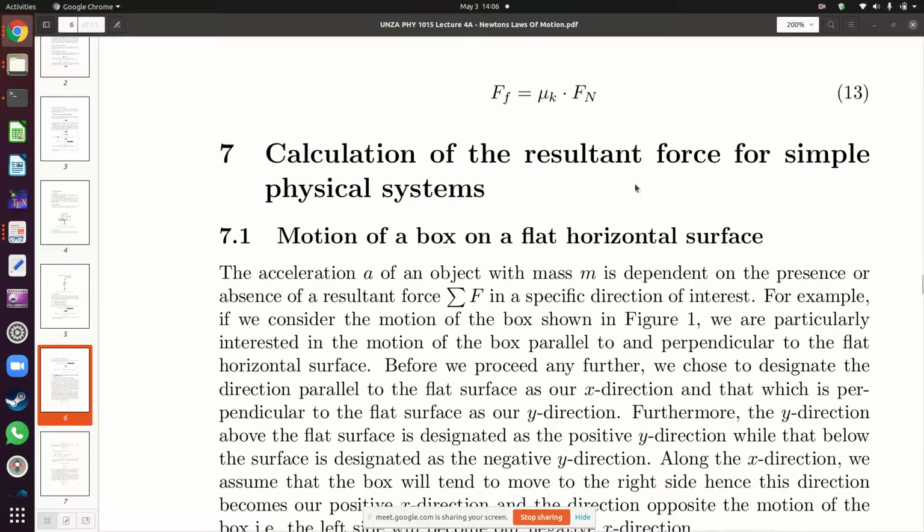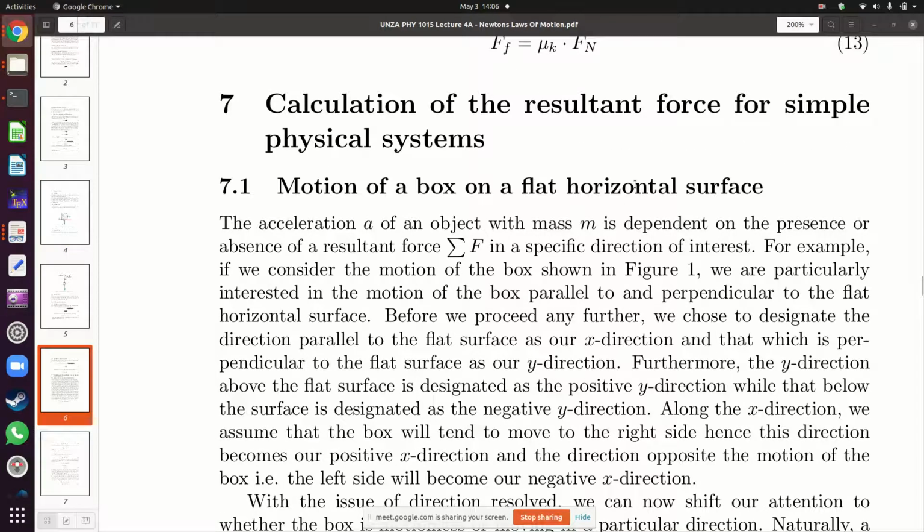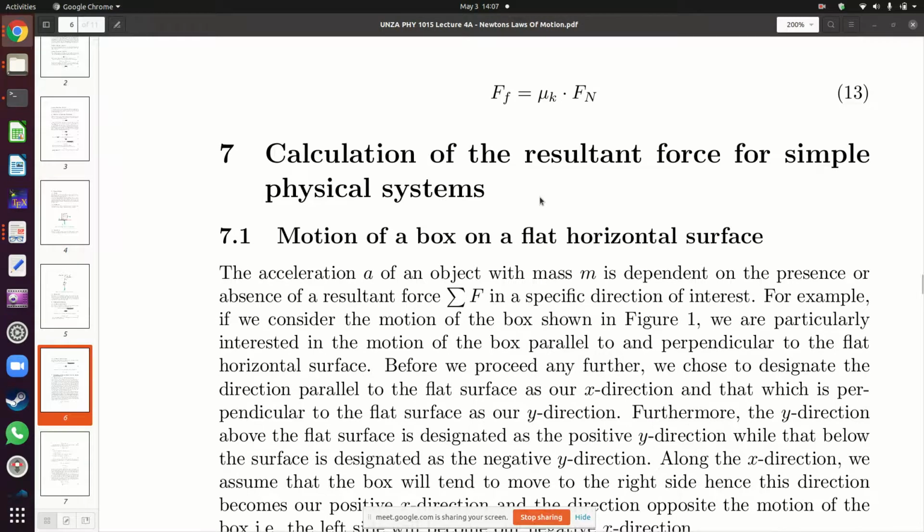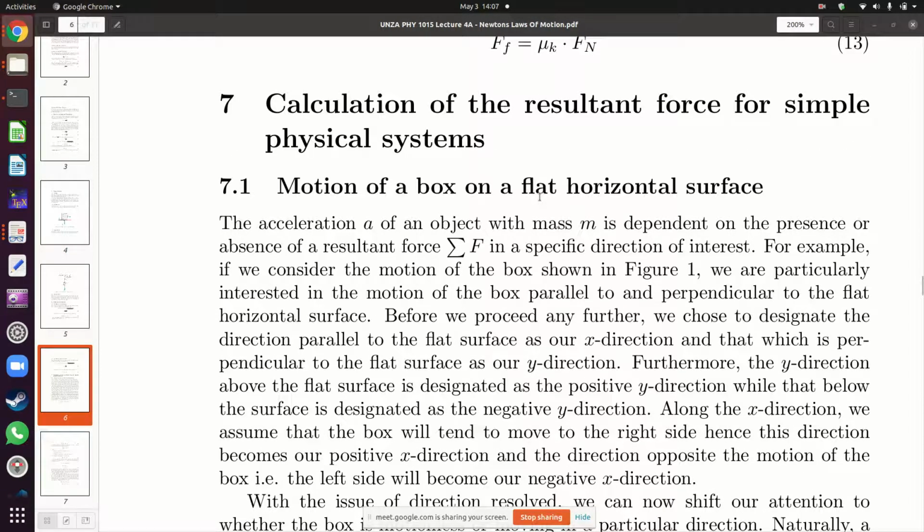Okay, so today we are interested in learning how you work out the resultant force. The reason we are interested in resultant force is because, according to Newton's second law of motion, it is this resultant force which determines the acceleration of an object of mass m.